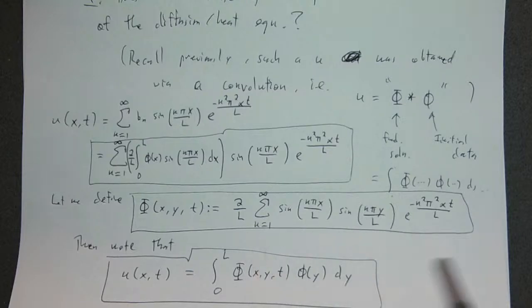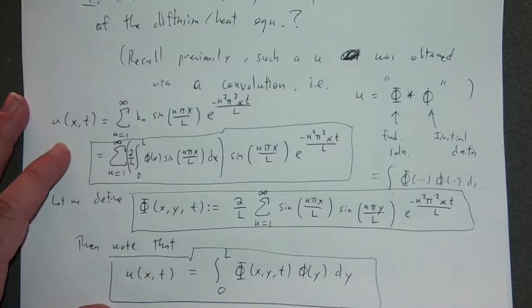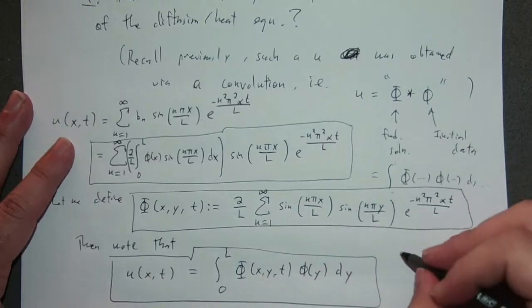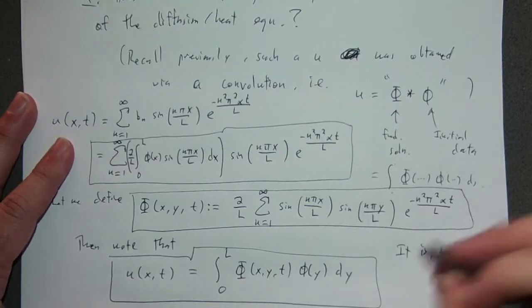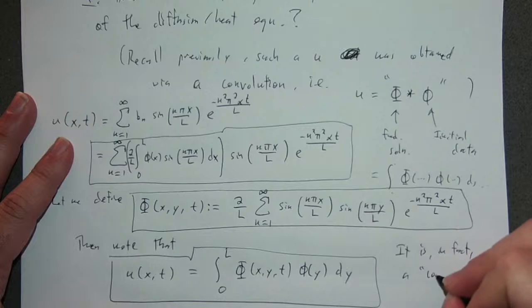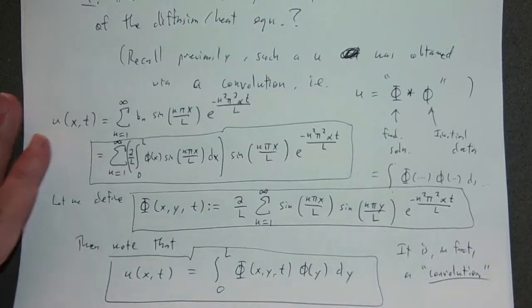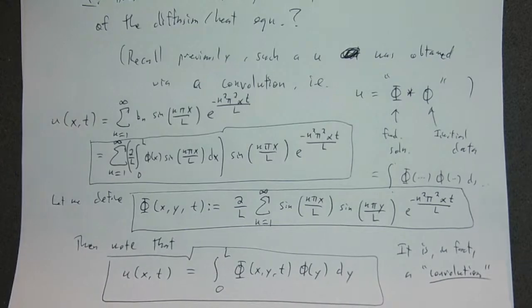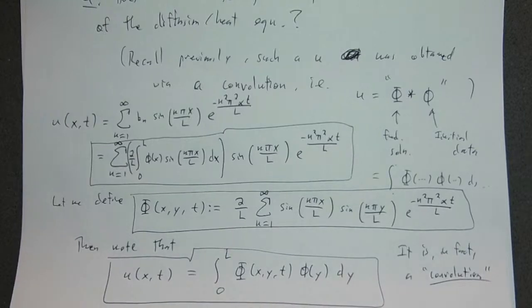It looks different. And yet the final form of the expression that the solution takes is again one of these convolutions. So it is in fact a convolution, in a sense. You're integrating some fundamental quantity times the initial data over the interval in question. Cool.